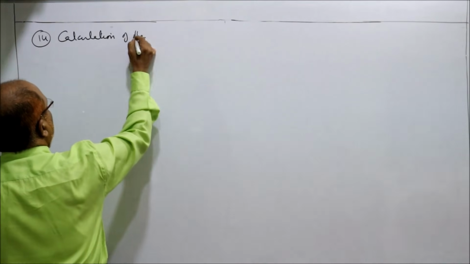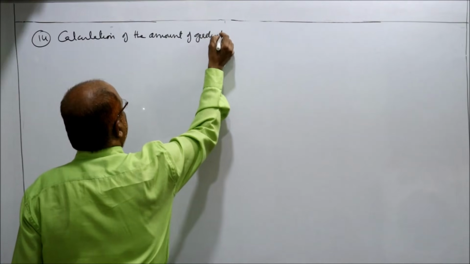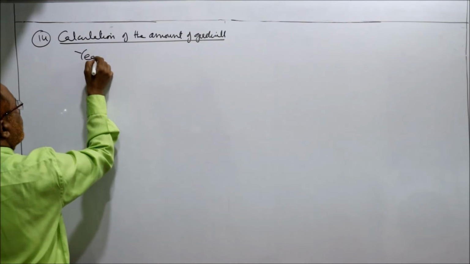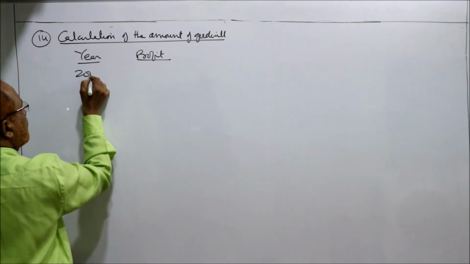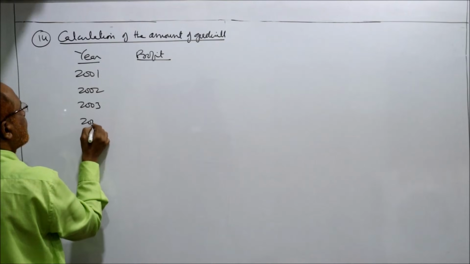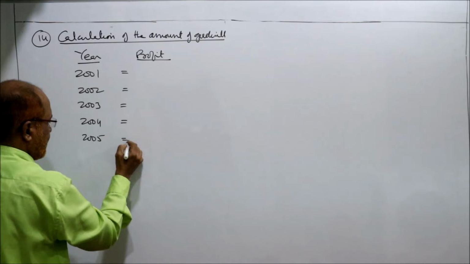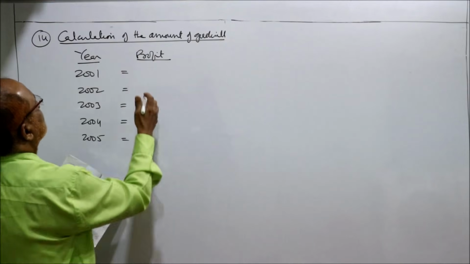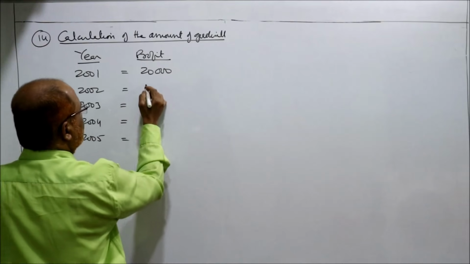Calculation of the amount of goodwill. Now, 2001 there's a profit of 20,000. 2002 there is a loss of 10,000.